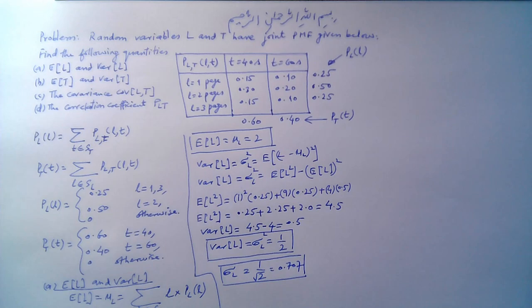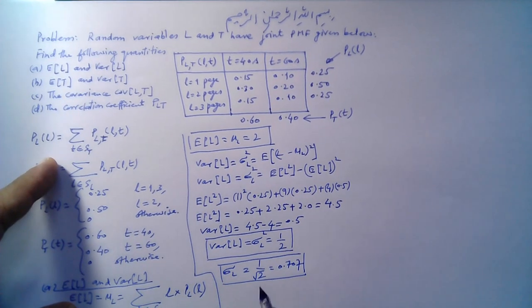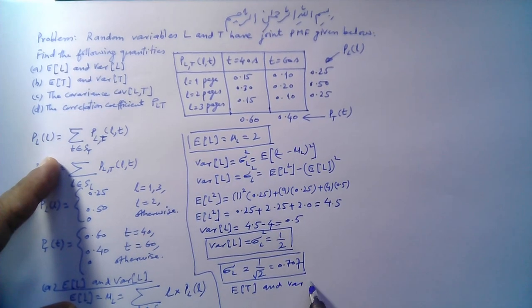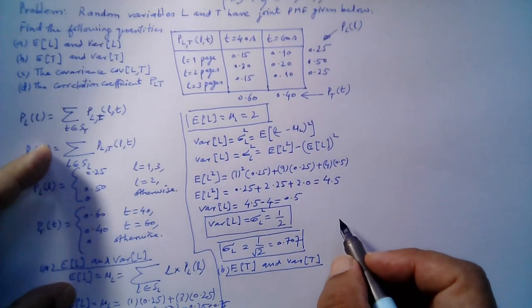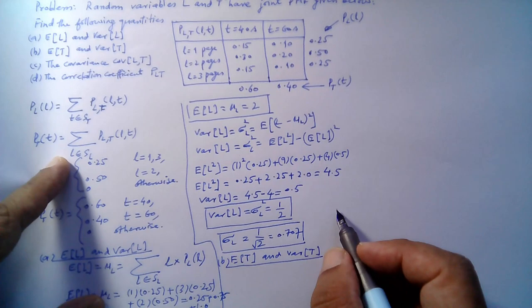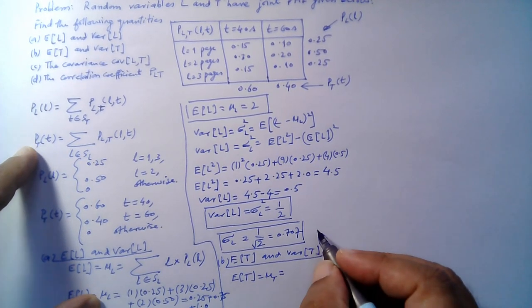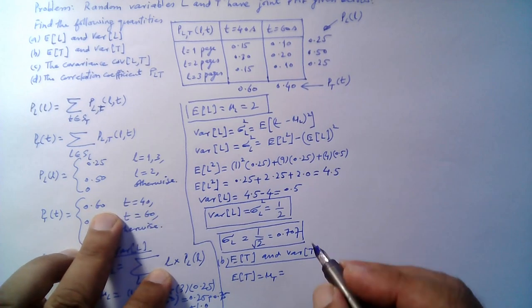In a similar manner we can find the expected value of t and variance of t. This is our next part. We have already determined the marginal PMF of random variable t, so from there the expected value of t is easier to find. Mu of t is given by multiplying the value of the random variable t with its corresponding probability value, right?